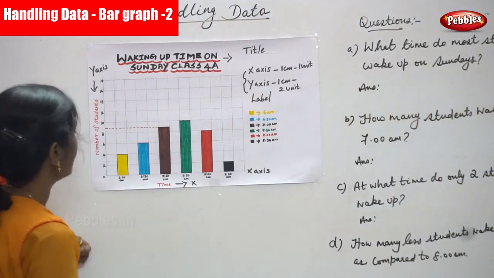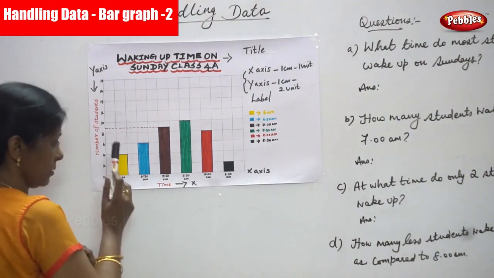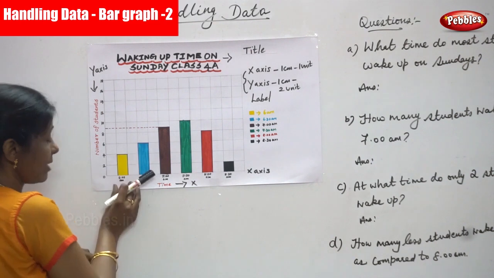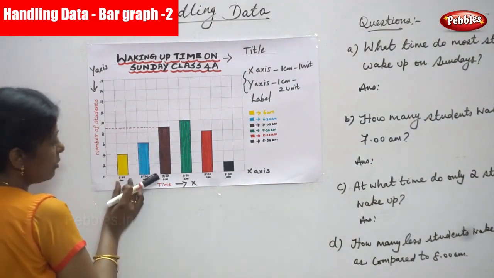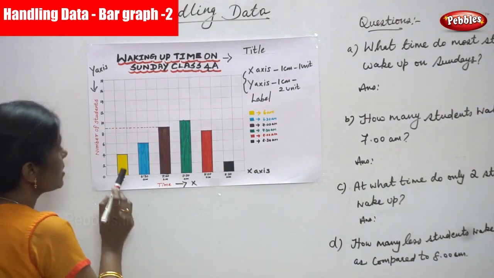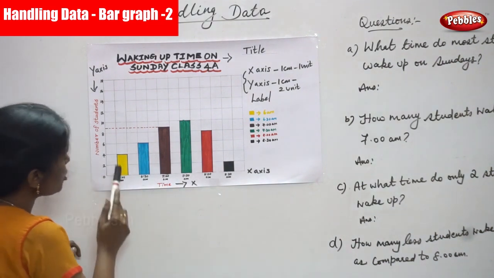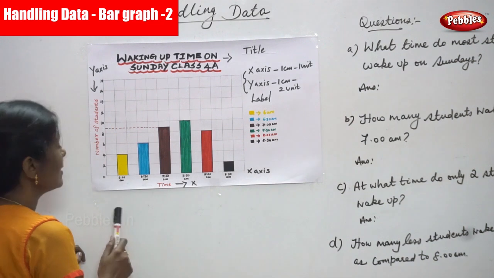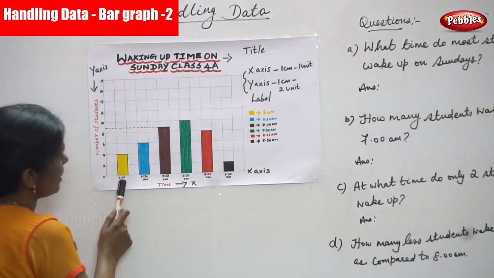So the first one is a yellow color vertical bar. It means 6 a.m. You have to find out how many students wake up at 6 o'clock. On Sunday, 4 students of class 4A wake up at 6 o'clock.